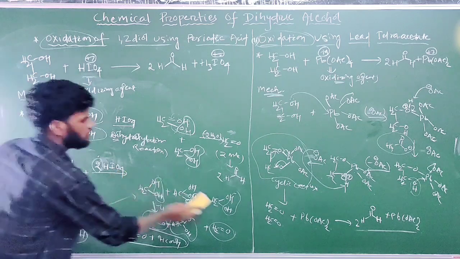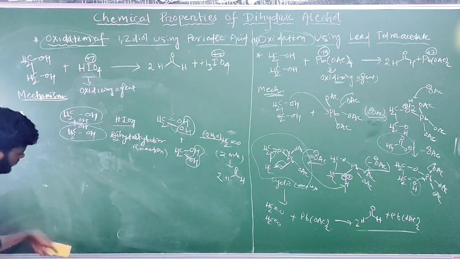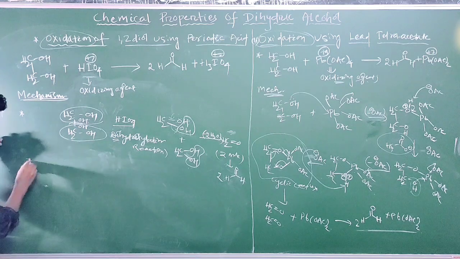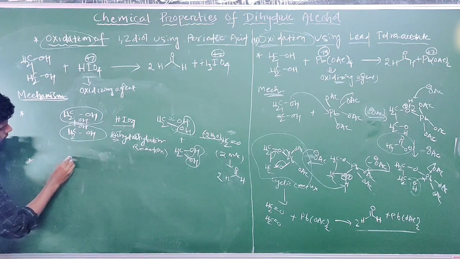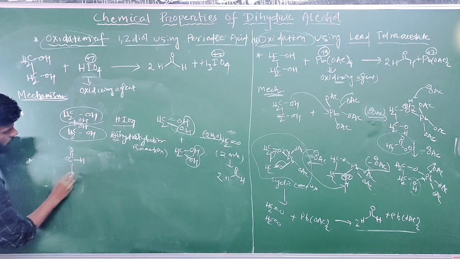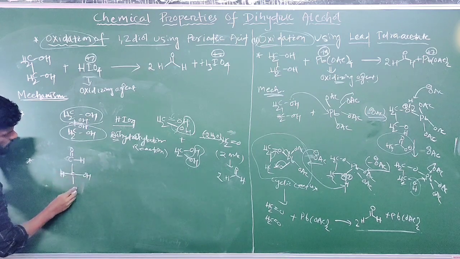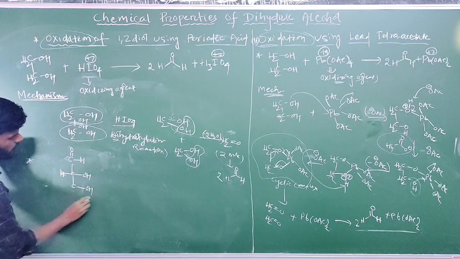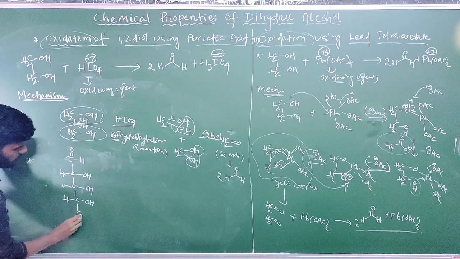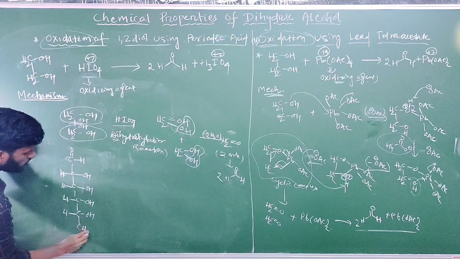Another question, this is homework for you. Take CH2OH, then carbons each attached to OH and H, four CHOH carbons in a row, and the last carbon attached to CH2OH.